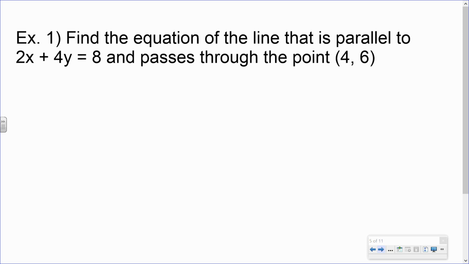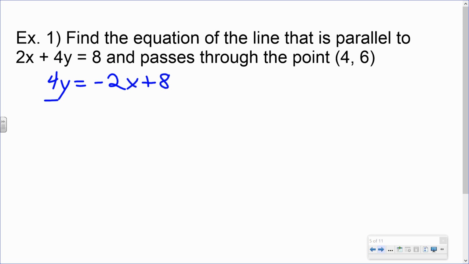Emma. First we have to get the parallel equation. So tell me how I'm going to do that. Minus 2x plus 8.